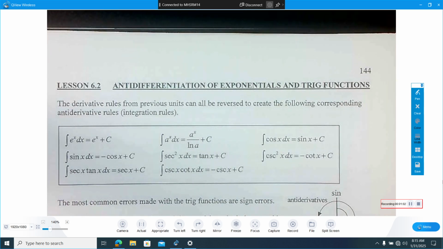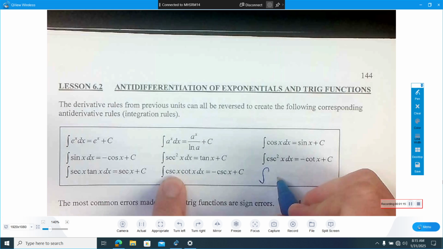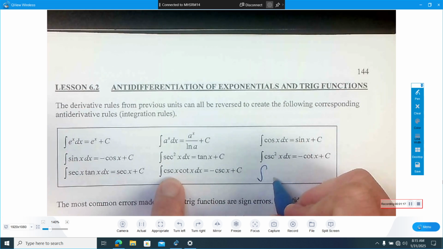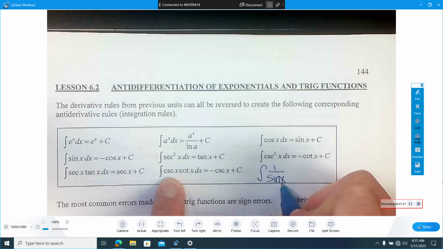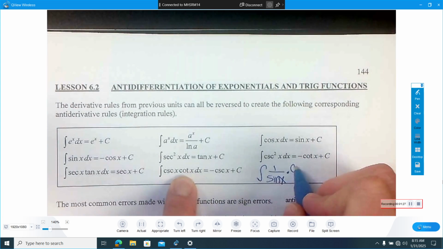Okay. So for all of these things, as long as you know the derivatives, then the integrals are easy as well. I also want to remind you that cosecant is 1 over sine. And cotangent is what? Cosine over sine.